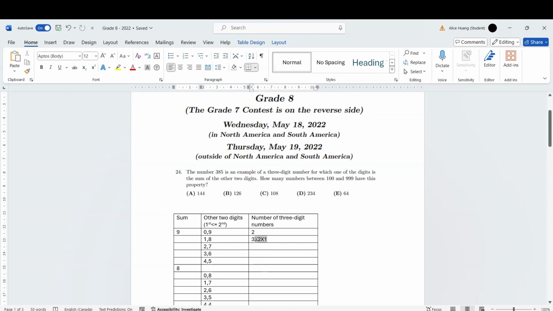That's the total number of three-digit numbers for this combination 918: 3 times 2 times 1, which is 6. Similarly, for the other combinations of this 9 series, it's also 6, 6, 6.